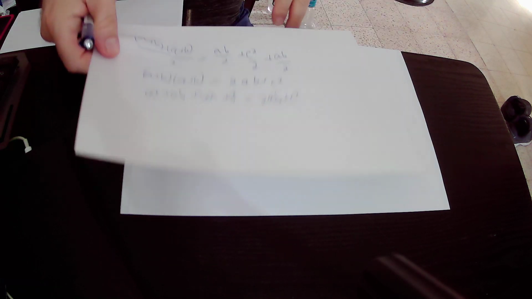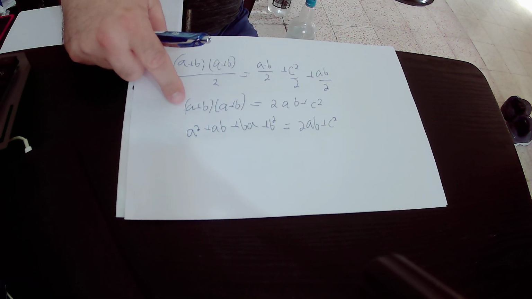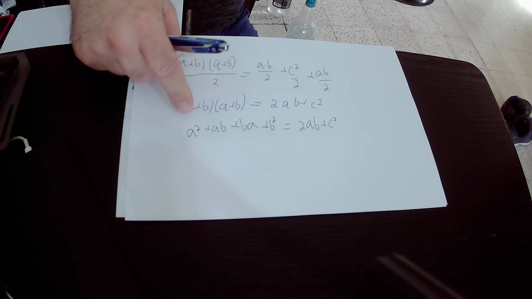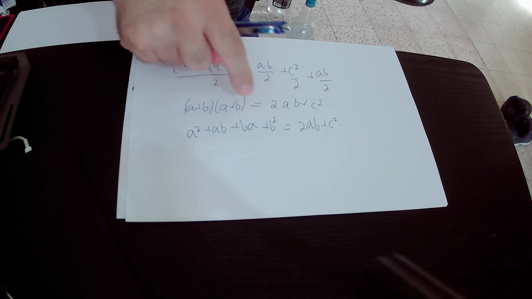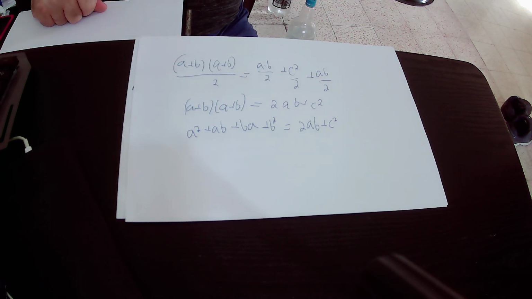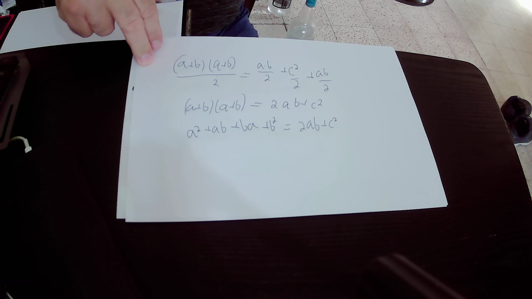As you can see here, we opened these brackets and we get that A times A is A squared, A times B is AB, B times A is BA, and B times B is B squared. Here AB plus BA is 2AB.